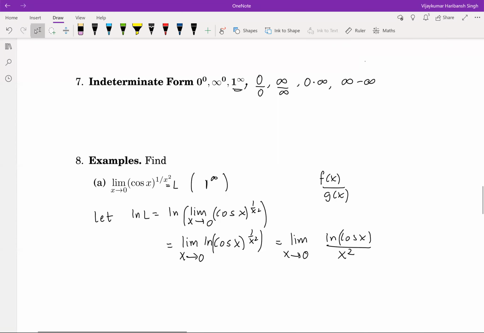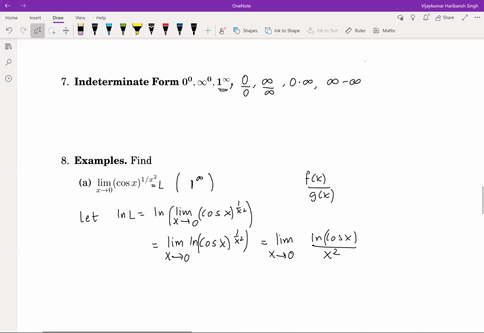Now note that I'm already assuming that the limit exists and I'm finding it, okay? So now we have this limit which we need to compute. So instead of finding the limit L, we are finding ln L. But that's all right.